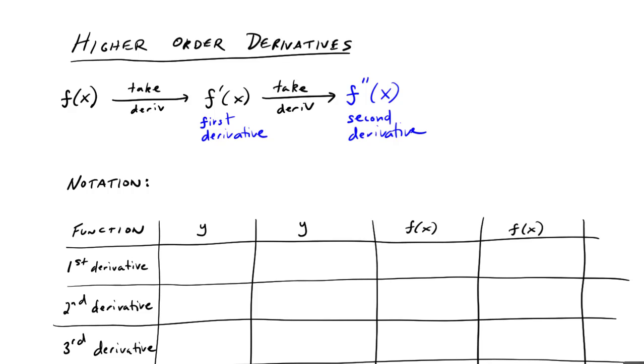And that would be a new function. All right, and so I could even keep going. I could take the derivative again and get f triple prime of x, known as the third derivative.